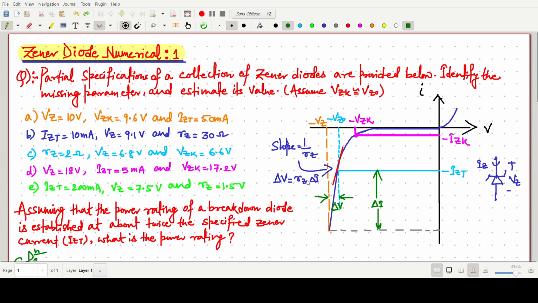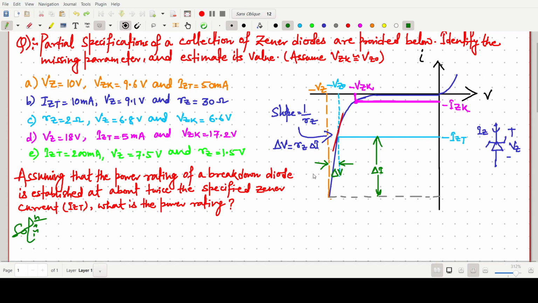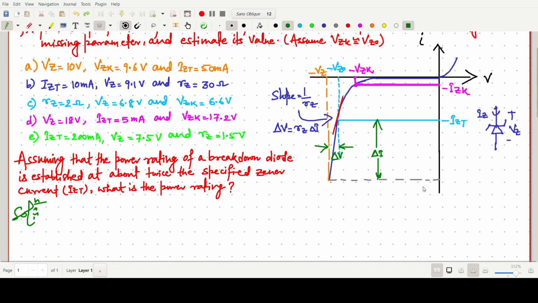So it will be better if I draw the equivalent model. If this one is our Zener diode, ideally we are making it like this, but if we have to make the equivalent model, we have to do like this.